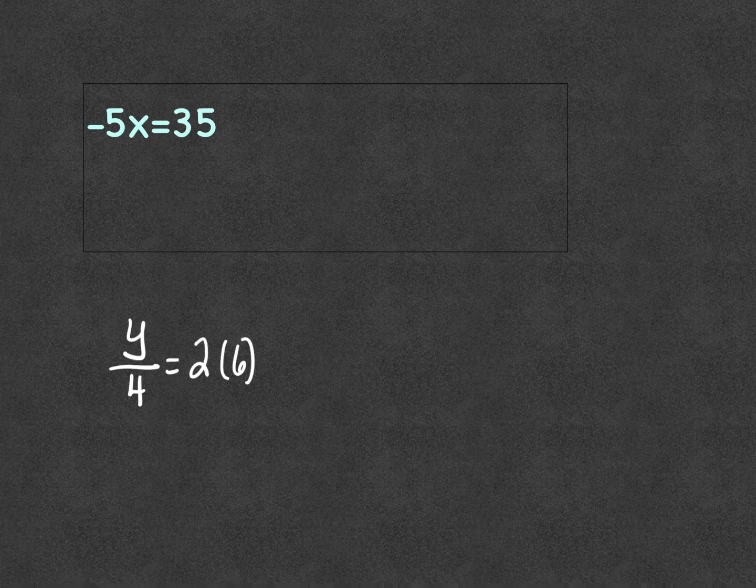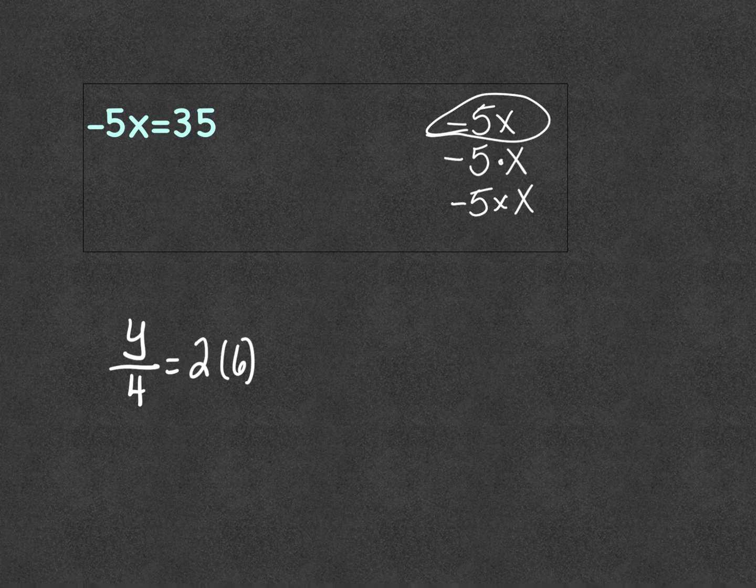All right, so let's look at some of these. The first one we're going to look at is negative 5x equals 35. Remember I said anytime you've got a number beside a variable, that's the same thing as saying 5 times x. You're going to see it written like that, but that actually means multiplication.